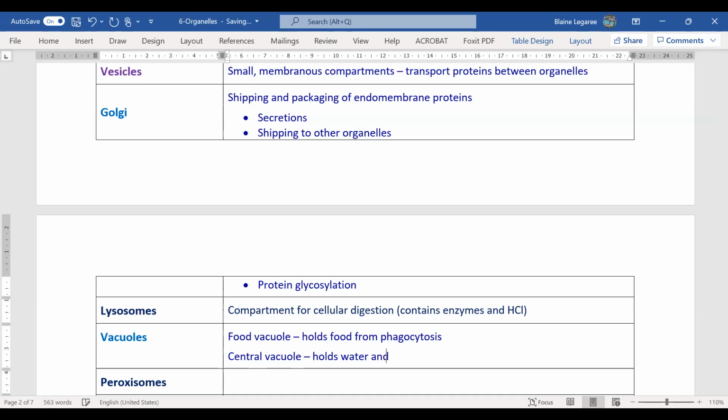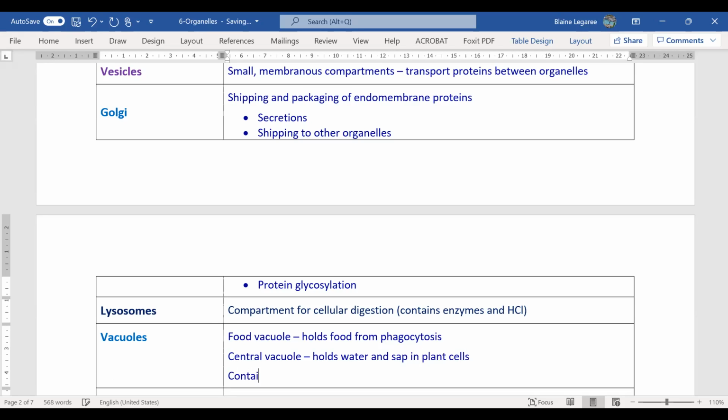Holds water and often sap and sometimes pigments in plant cells. We had contractile vacuoles, and they pump out excess water.